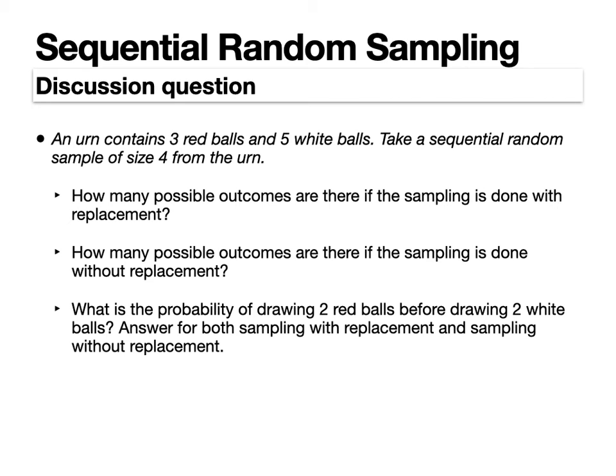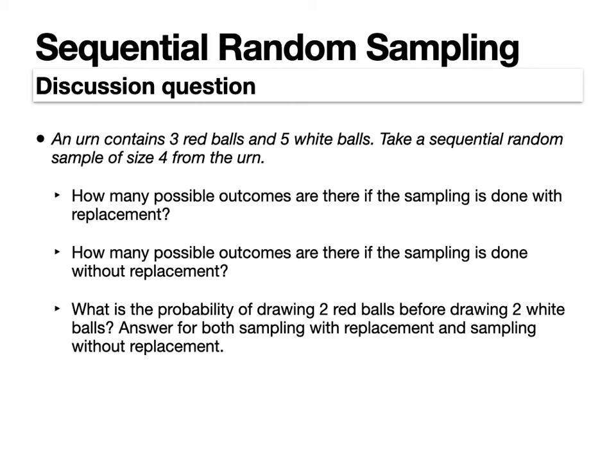So just let me expand a little bit on this. We've got 3 red balls and 5 white balls, but for answering parts 1 and 2, you want to think of the 3 red balls as still distinguishable. So you can think of 8 balls maybe labeled from 1 to 8. Balls 1 through 3 are painted red, and balls 4 through 8 are painted white.